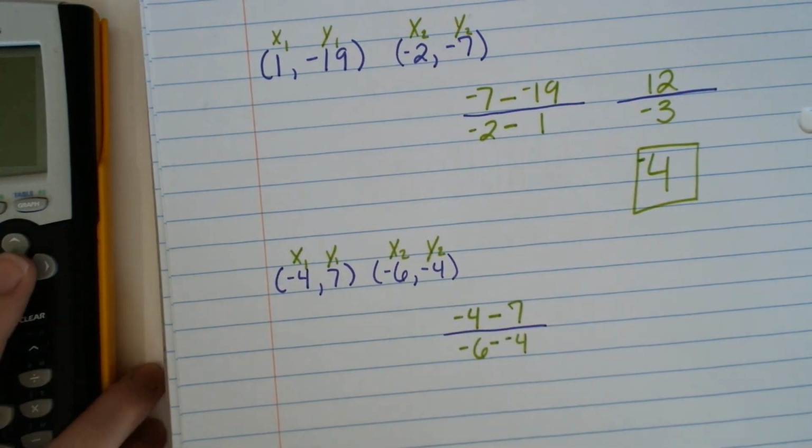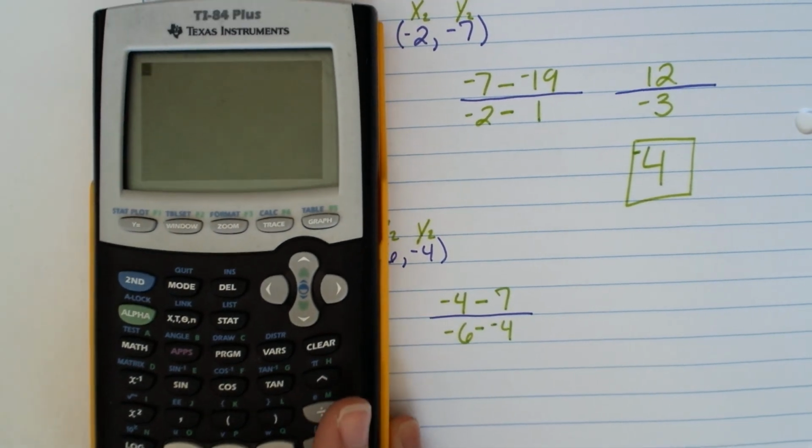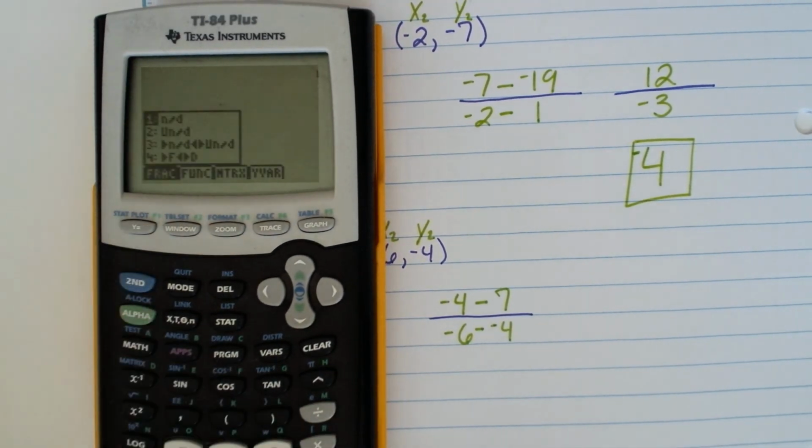Now we're going to put that in our calculator. Okay, we're going to try putting this whole thing in as a fraction, and it will simplify for us. So let's do that. Alpha y equals, there's our fraction option. We're going to hit enter.